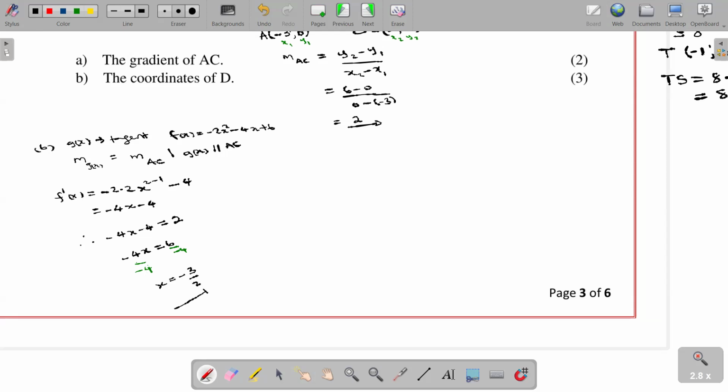Once you get the x value, we now want the corresponding y value at point D. So to get the corresponding y value, we are going to substitute this value that we obtained of x, we have to substitute it in our fx there to get the corresponding y value.